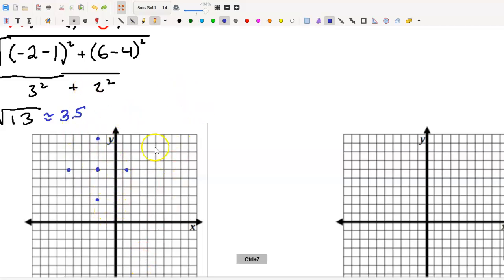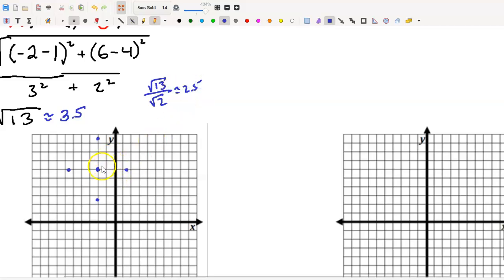If you want to get a little more refined, what you can do is find the diagonal distance, the distance you go in each diagonal. And the way you do that is that you just divide the number by root 2. So if I took root 13, you don't have to do this, it's just a way of being more accurate. If I took root 13 here, and then divided that by root 2, I get 2.5.